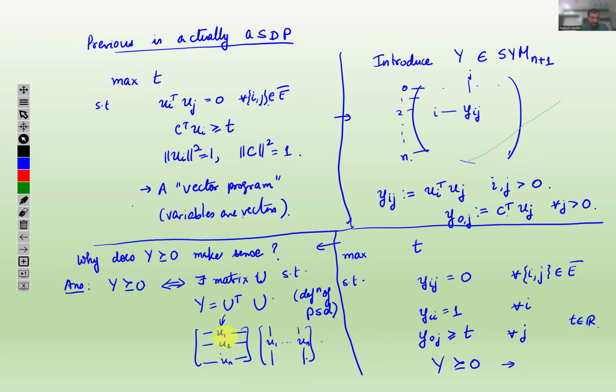So the big claim that I've made here is that t is actually 1 over the square root of the theta function. If you can compute the optimal of this program, you'll get to know what is theta of G, because I just flip it, I do 1 over t squared. Both of these are equivalent.